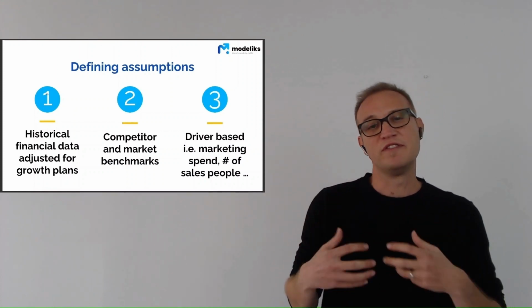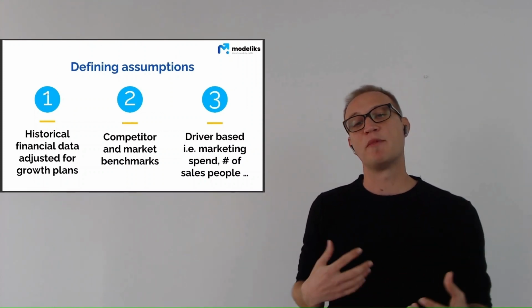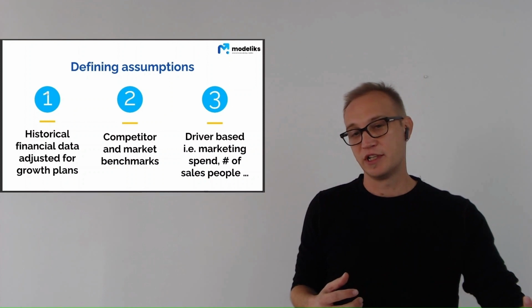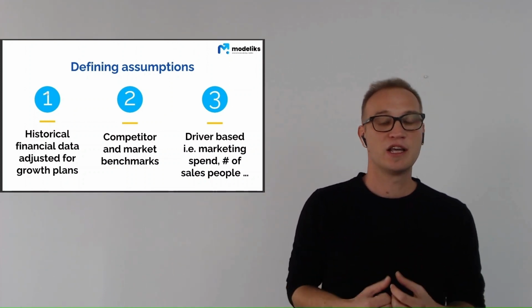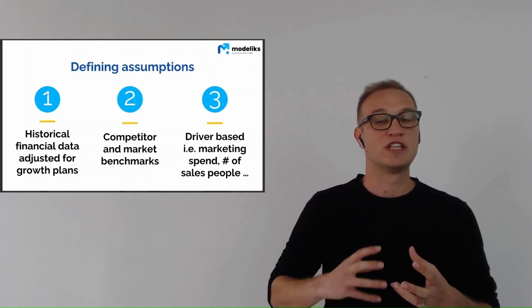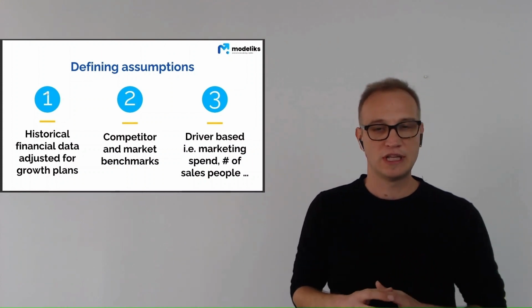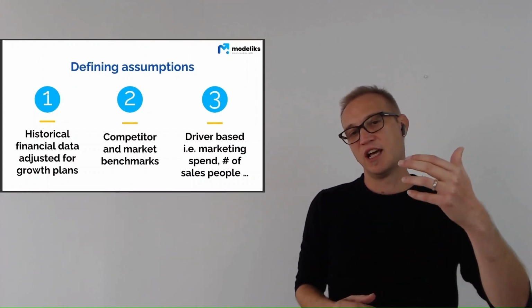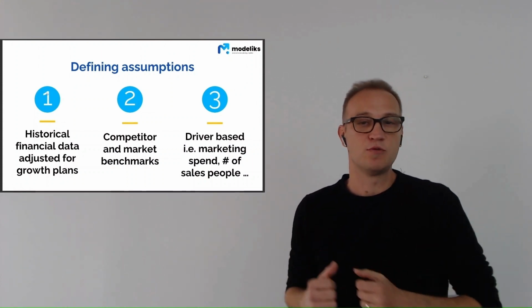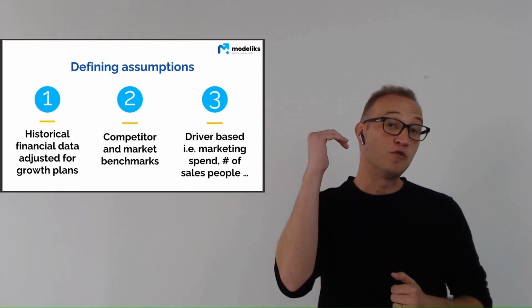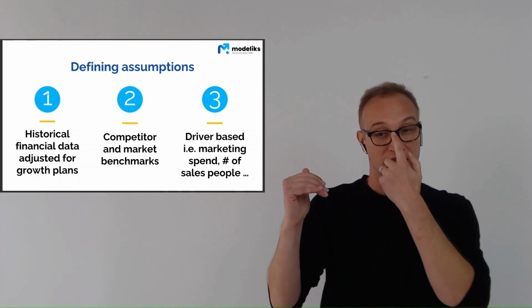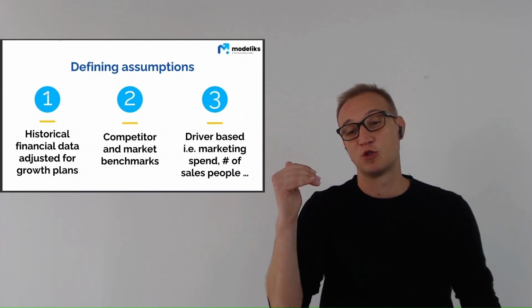Method number two, when defining assumptions, is to look at competitor and market benchmarks. See how your competitors are doing, and based on their performance, you can define the assumptions for your financial model. And method number three, when defining assumptions, would be to go on a driver level.